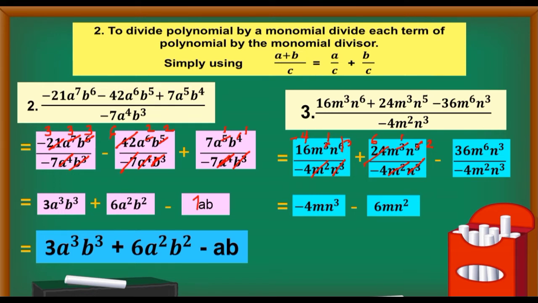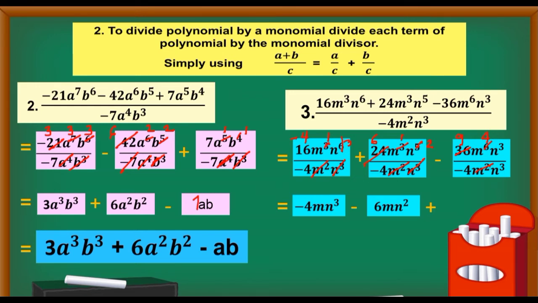And then, minus, yung negative divided by negative ay magiging positive. And 36 divided by 4 is, ito po ay magiging 9. Ayan, cancel na yung denominator. And then, yung m raised to 6, m squared. So, magiging cancel yung denominator. Ang maiiwan po dito ay 4. And then, n cubed divided by n cubed.